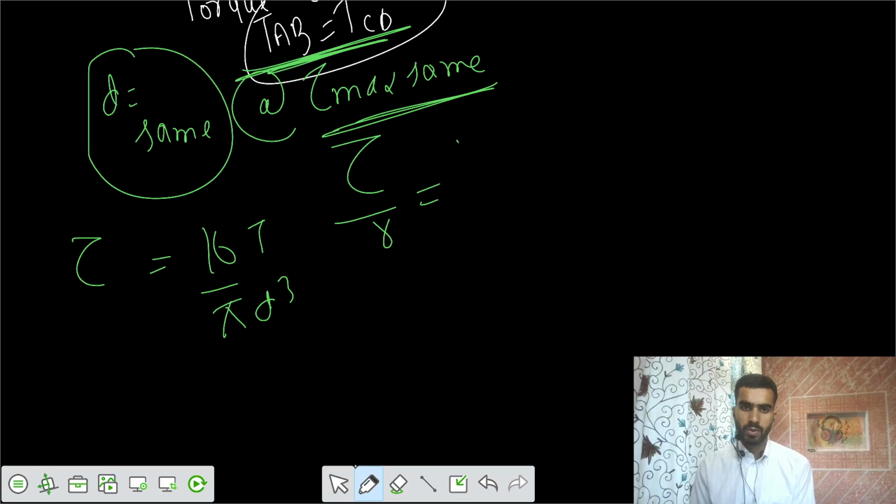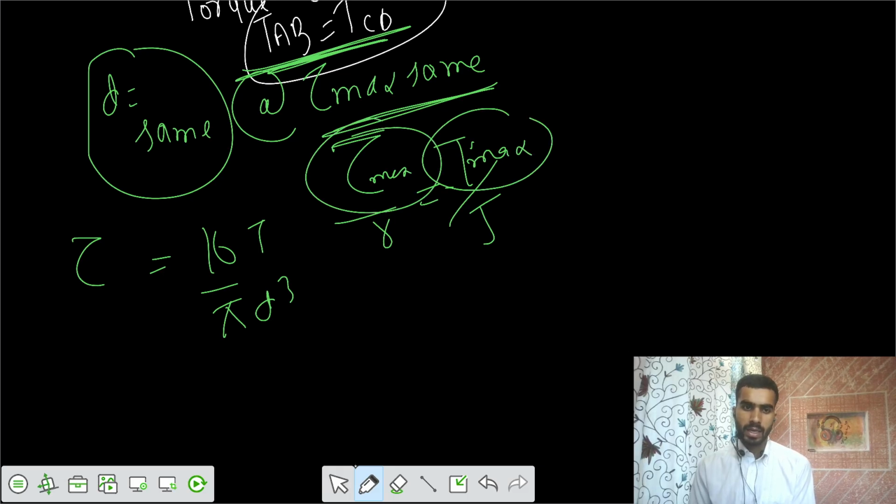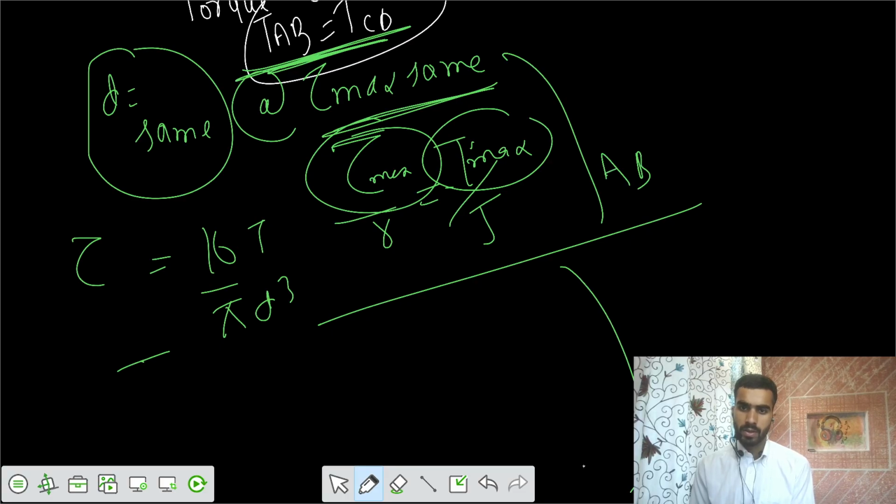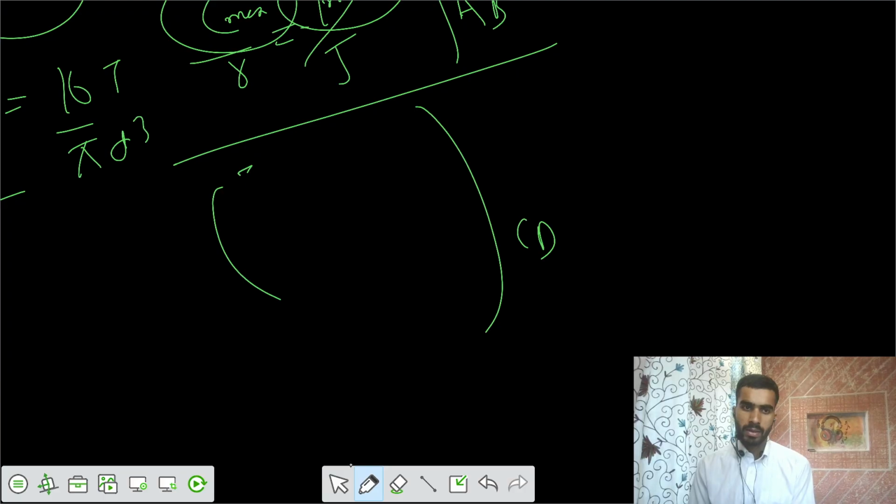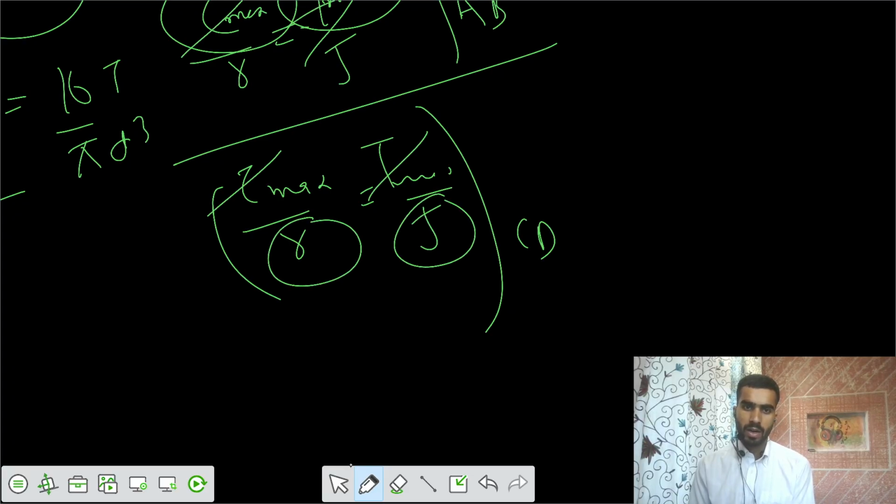From the equation tau by r equals T by J, for the same value of tau max and T, I would write tau max by r equals T max by J for AB and for CD. So those cancel and we are left with r and J, RAB, JAB, which should also be the same.